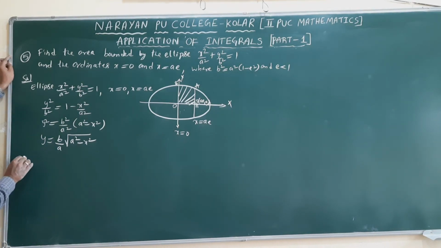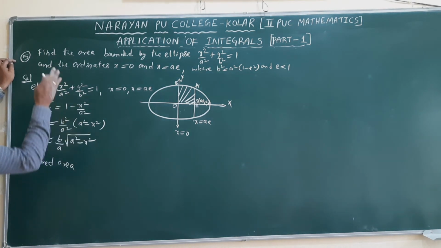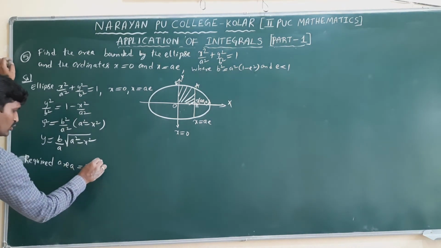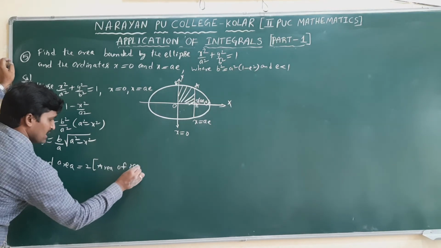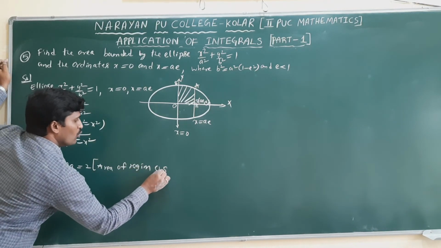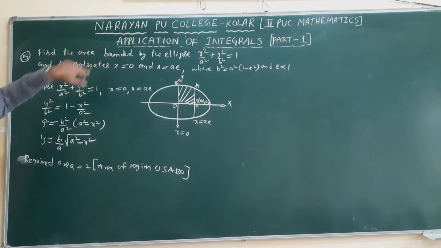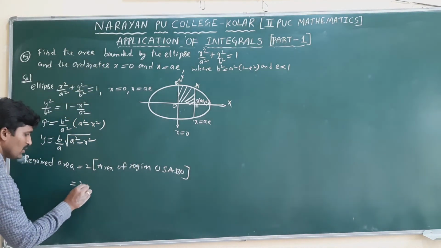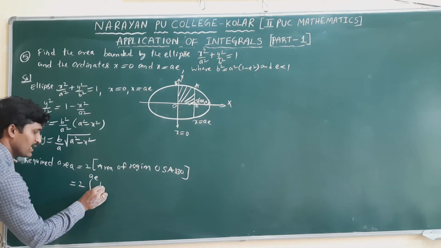Now, the required area. I need both above and below, that is why I will do 2 times the area of the region OSABO. 2 into the integral, and the limits are from 0 to AE.